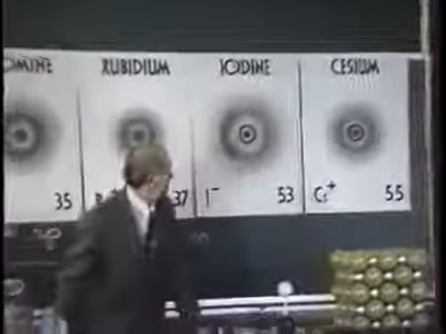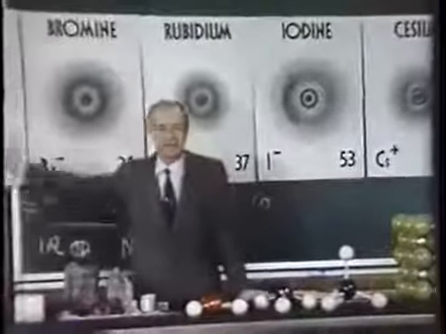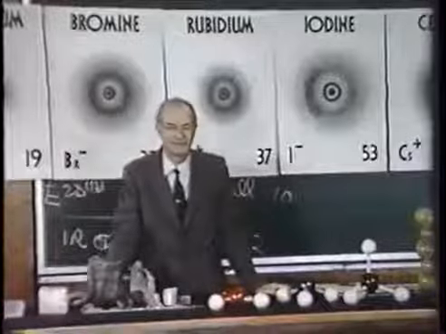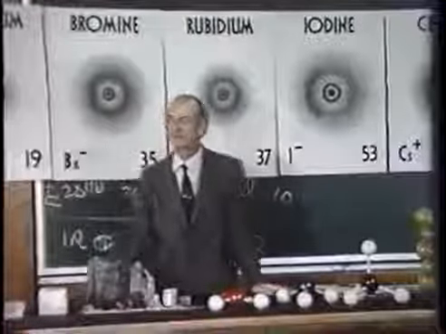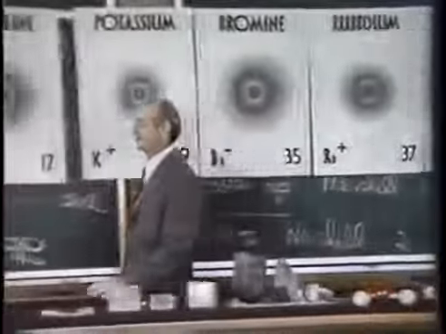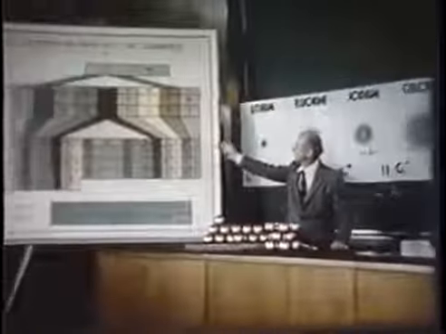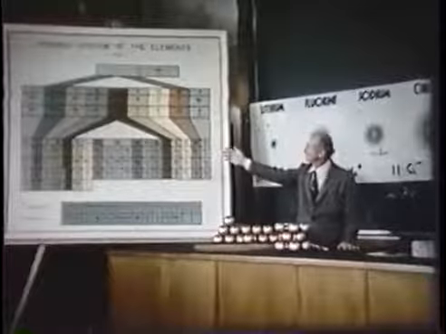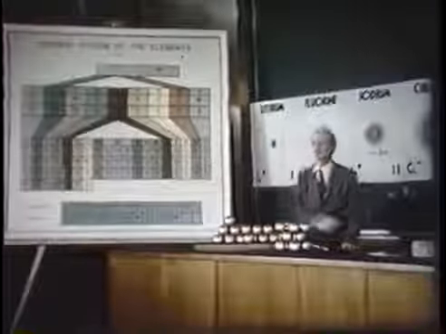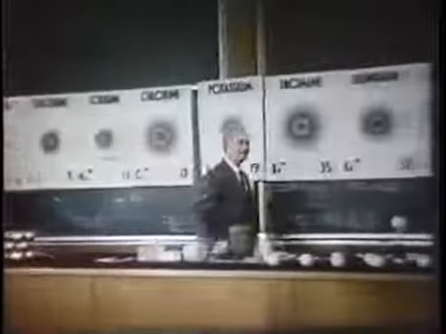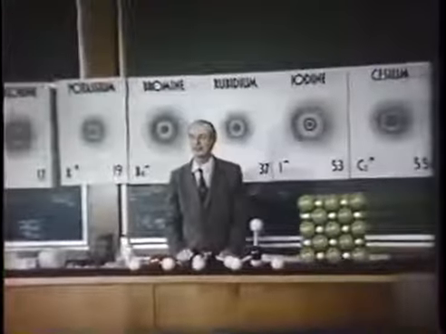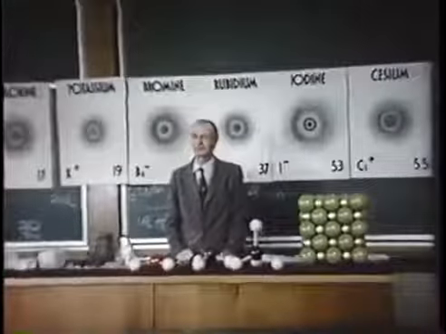The sizes of these alkali ions and halogenide ions, and also the sizes of the other ions, beryllium double plus, magnesium double plus, calcium double plus, strontium double plus, barium double plus, and so on, are of much value in the discussion of the properties of substances.